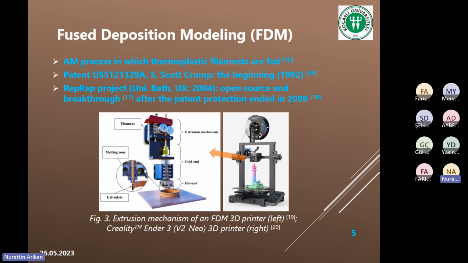However, Scott Crump designed and produced a robotic arm, an articulated arm, to feed filaments and then generate the workpieces on the build plate. Back then it wasn't a heated build plate, just a simple build plate. And he applied for his model and patented it in 1992.